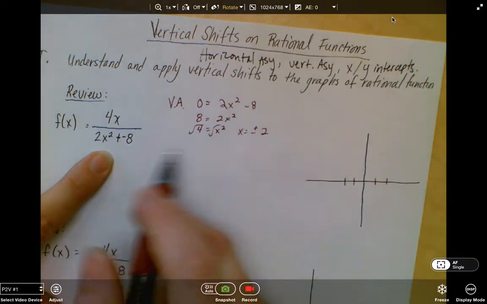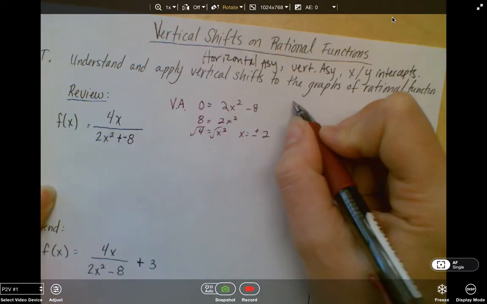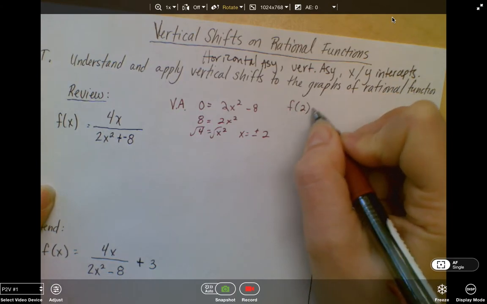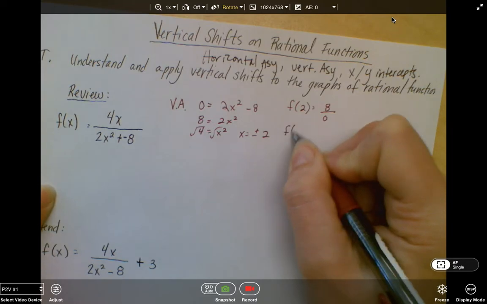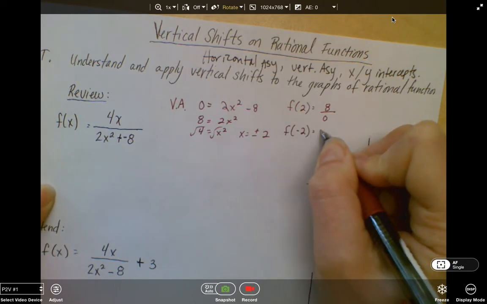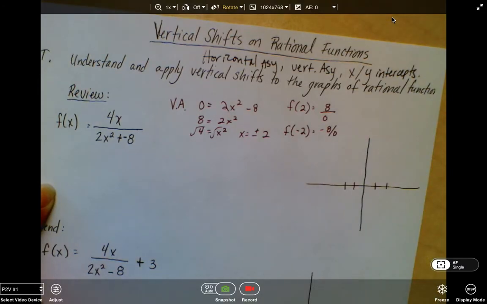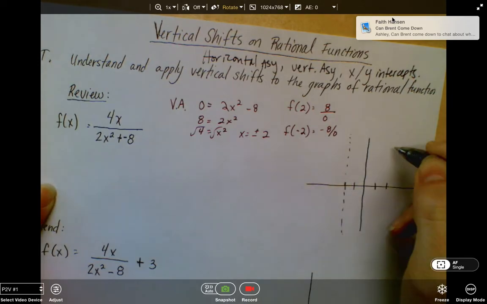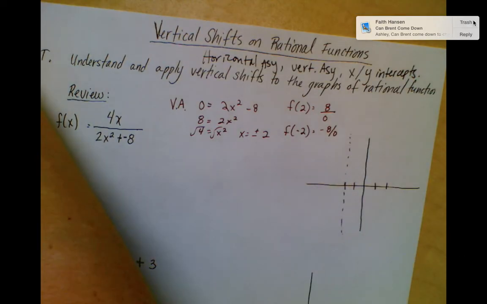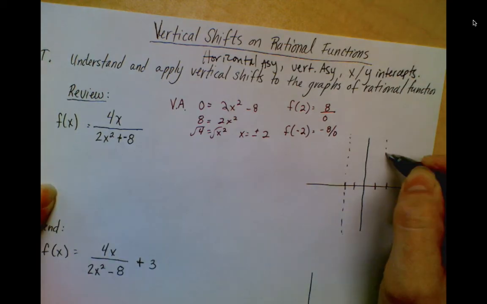So if I put in plus or minus 2, f of 2 will be 8 over 0, and f of negative 2 will be negative 8 over 0. So that means that we have asymptotes in both cases, not holes.